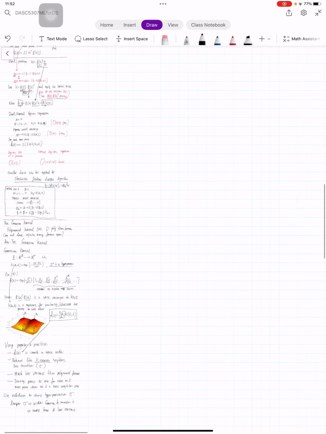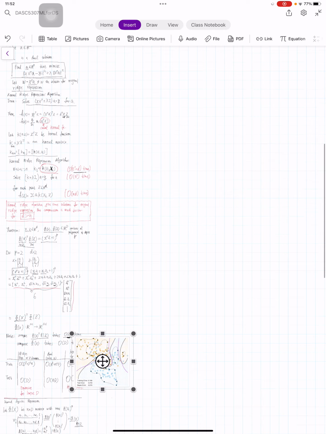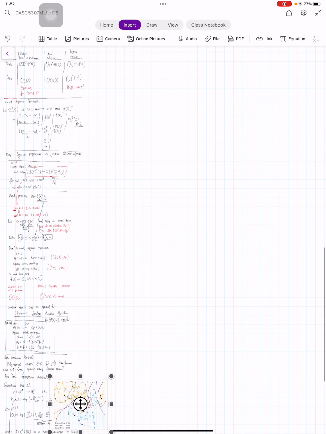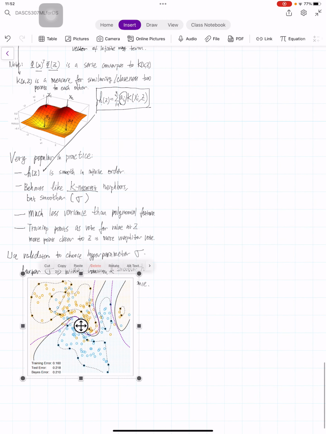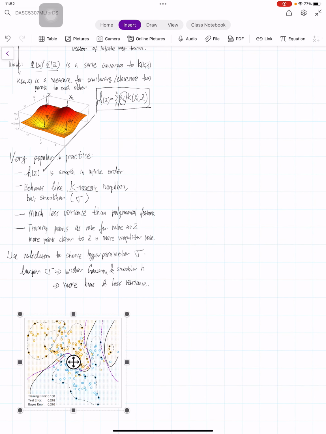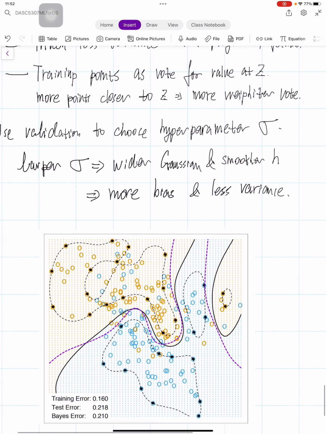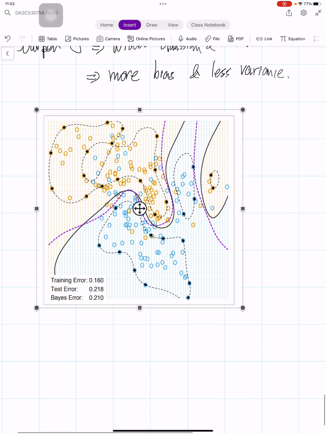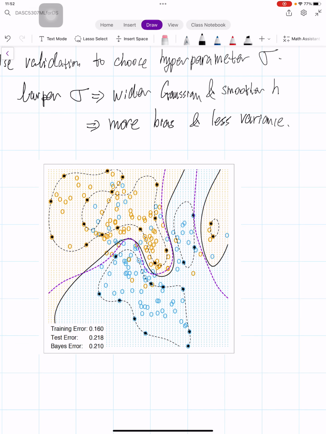Actually, we have another example, the last example we can show here. This is where we apply the Gaussian kernel to the support vector machine.